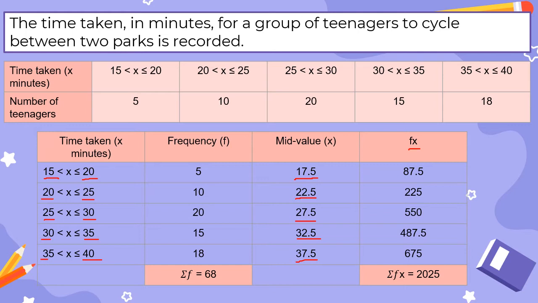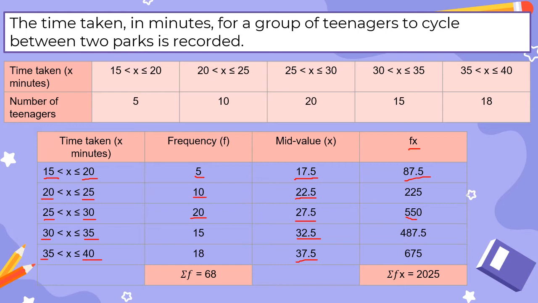So 5 times 17.5, we have 87.5. Next, 10 multiplied by 22.5, we have 225. Next, 20 multiplied by 27.5, we have 550.